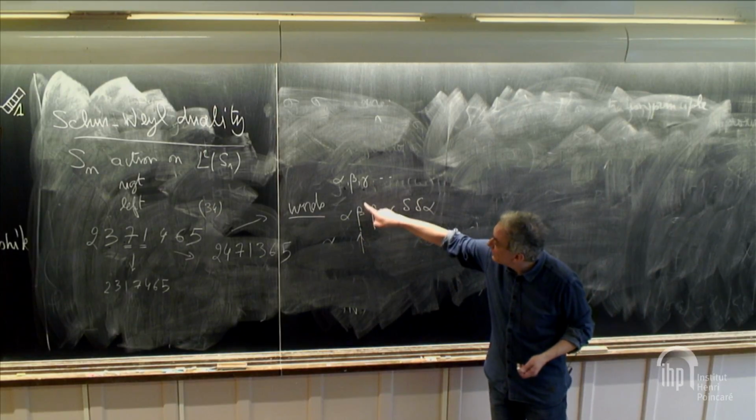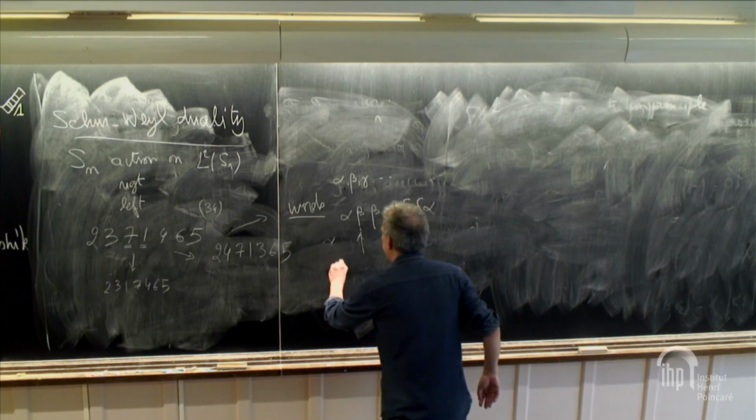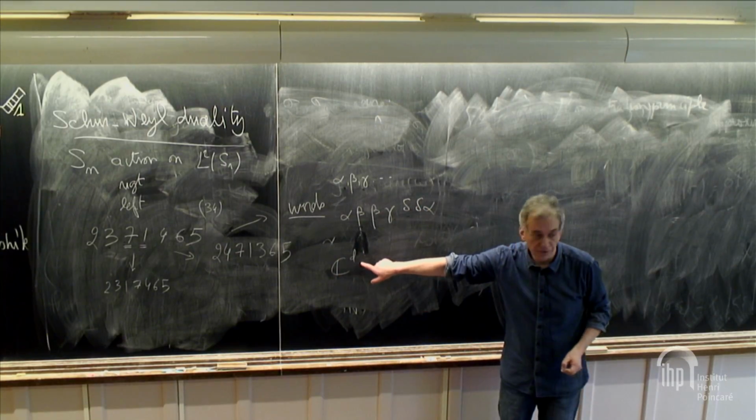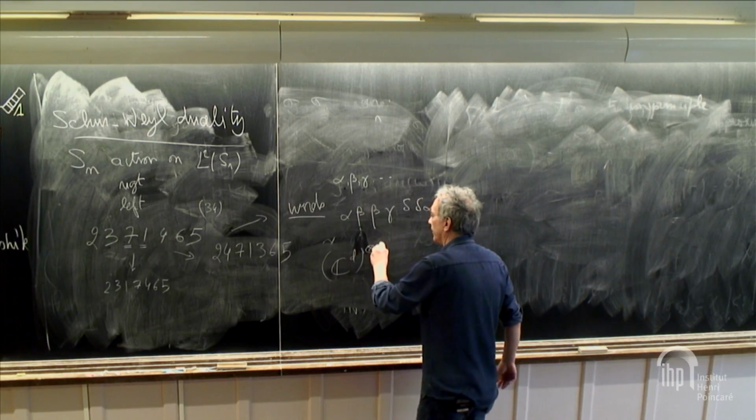I can even linearize this action. Suppose that my alphabet has D letters, and I want to look at words of length n.